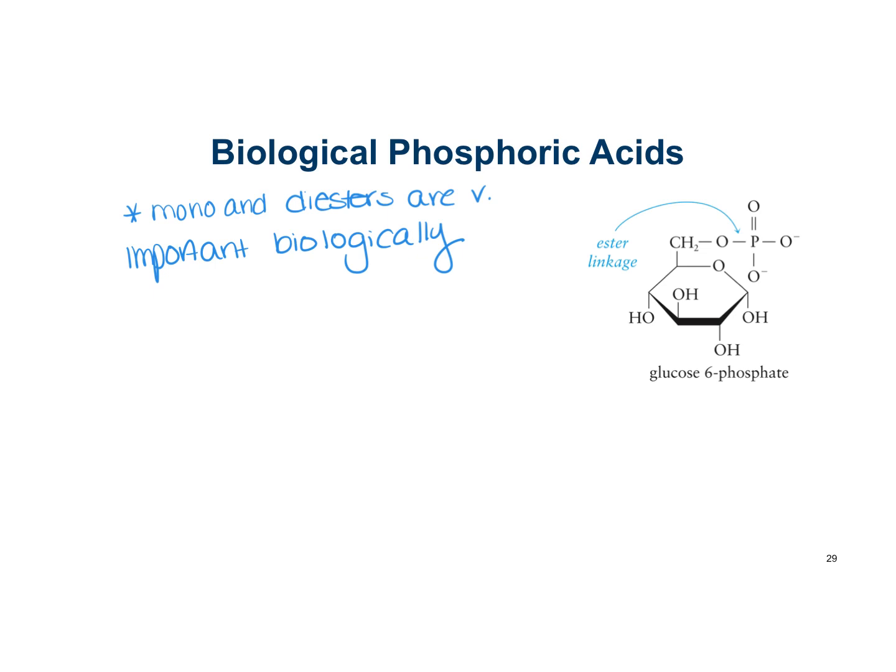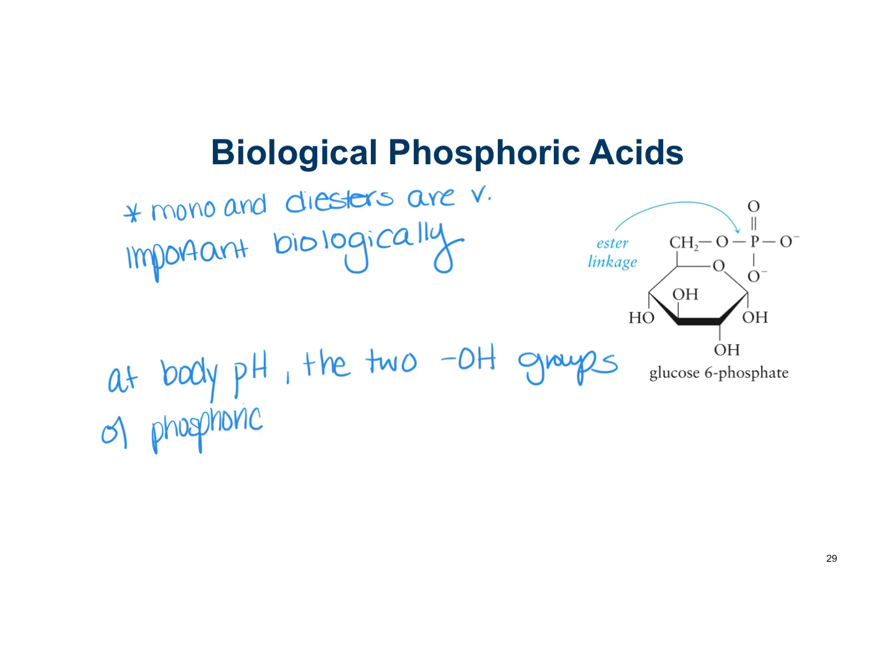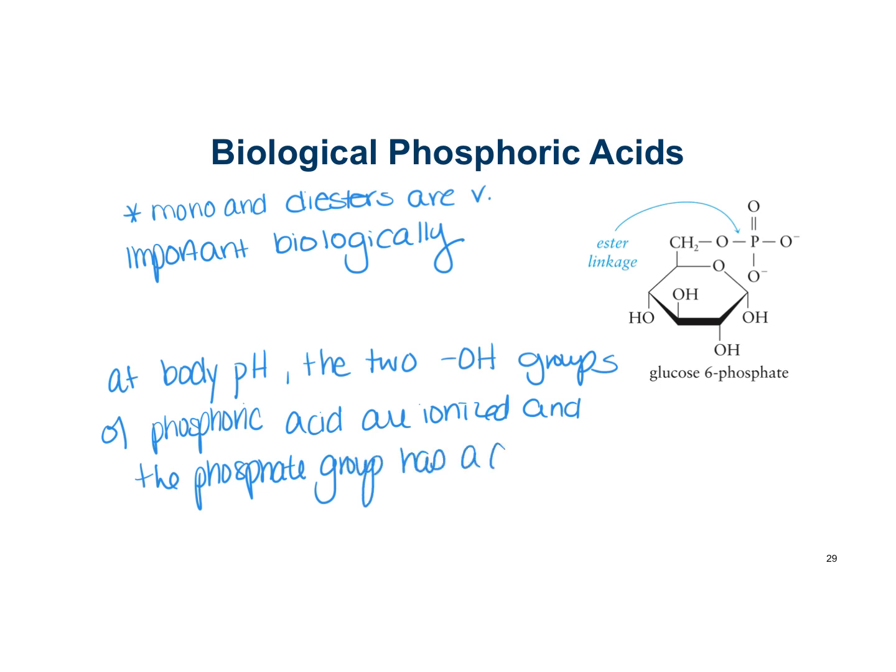And at body pH, the two OH groups of phosphoric acid are ionized, and the phosphate group has a charge of -2.